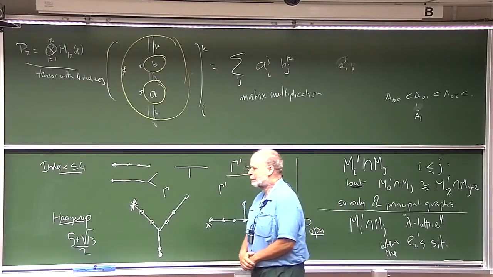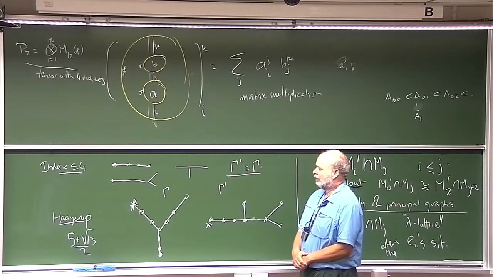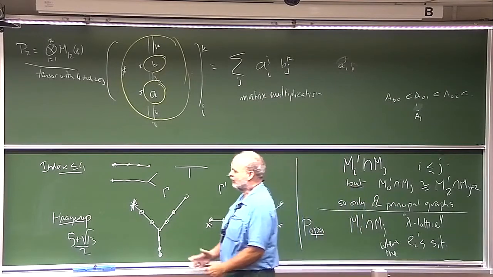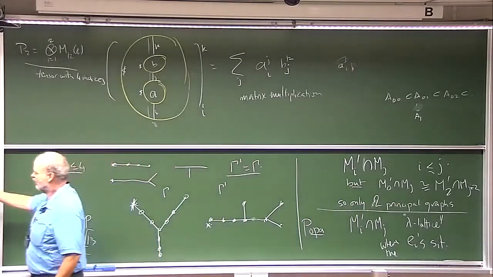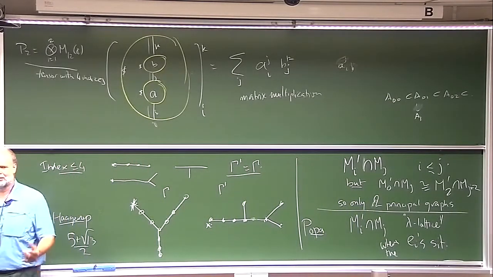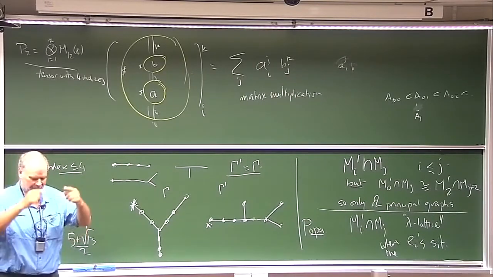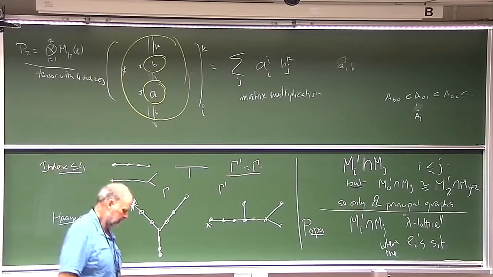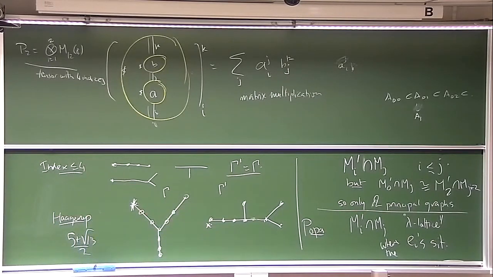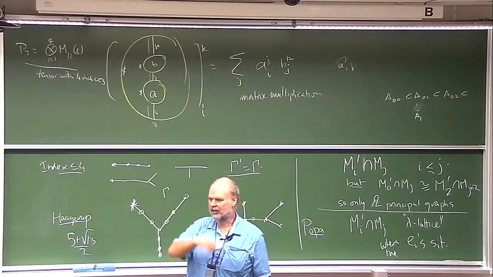I have tried very hard to draw all these pictures with nice round circles, and what's going on in my mind is that there's a very cyclic structure to the whole business.